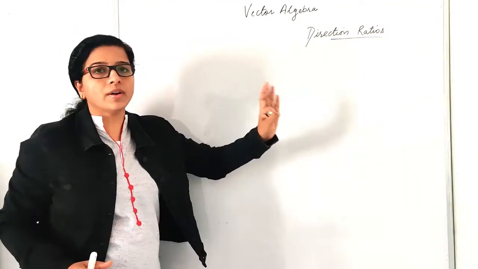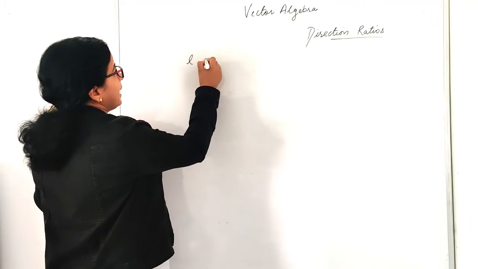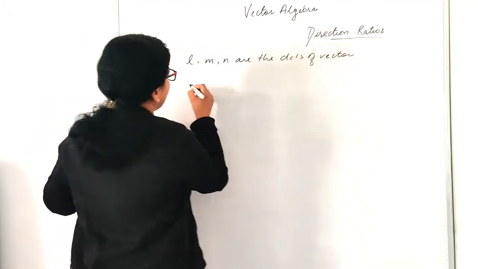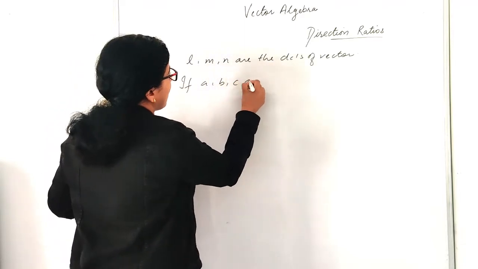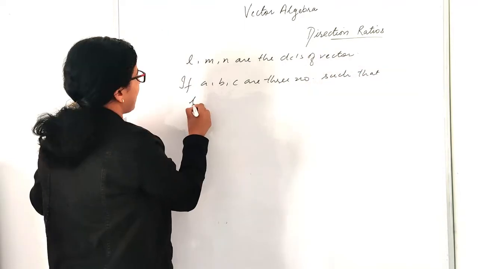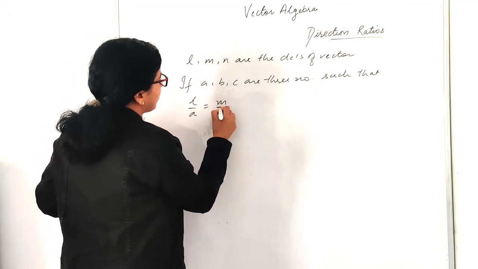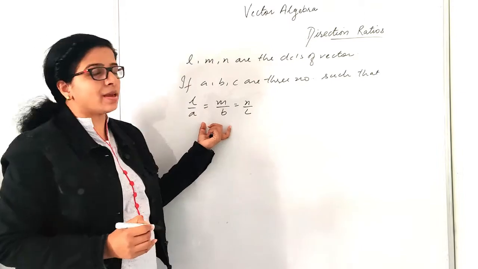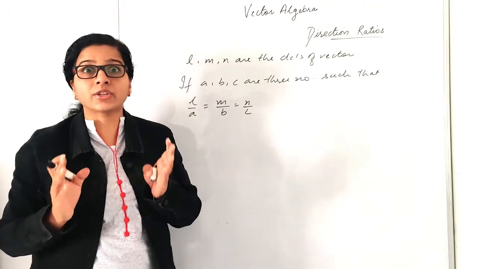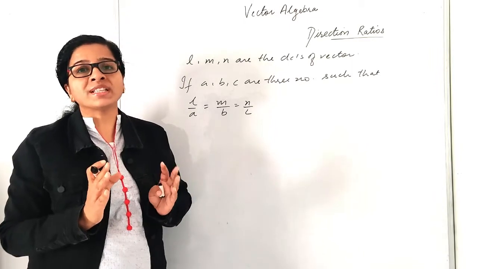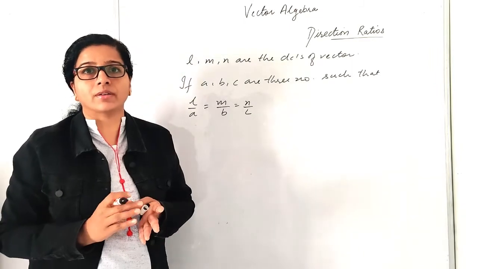Okay. So now let us learn direction ratios. L, M and N are the DCs of a vector. If A, B, C are three numbers such that L upon A is equal to M upon B equals N upon C, in that case A, B, C are known as the direction ratios of the given vector, or they are also known as direction numbers of the given vector, right?